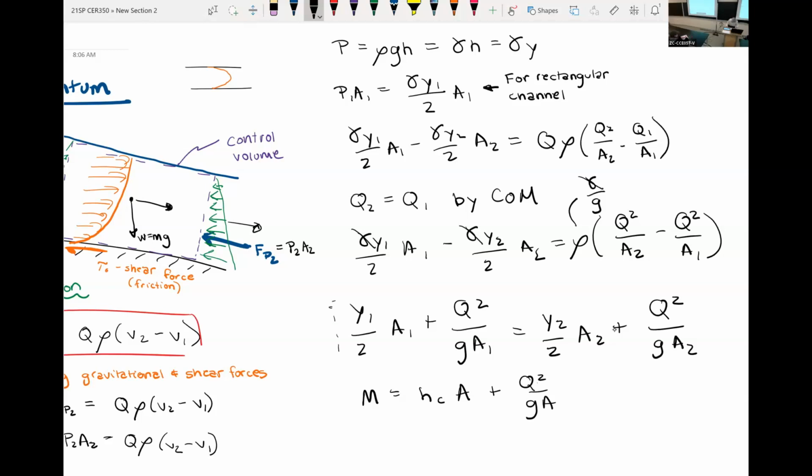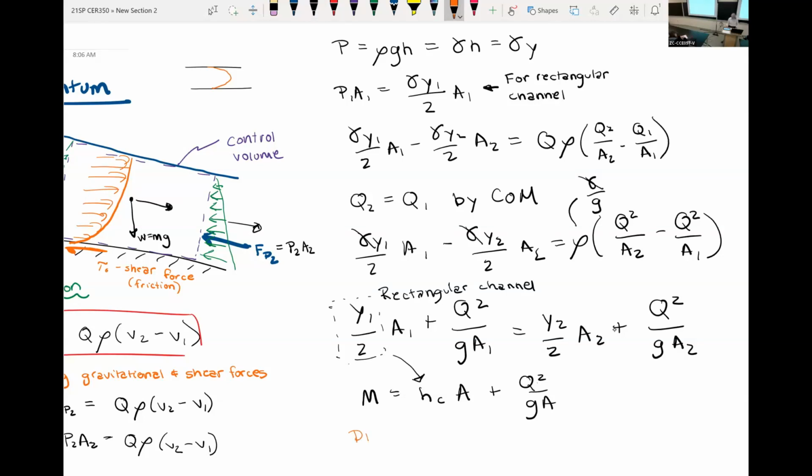We derived this specifically for a rectangular channel. Different channel geometries are going to have different relations. So that's the tables that I shared with you all last time and share with you again.